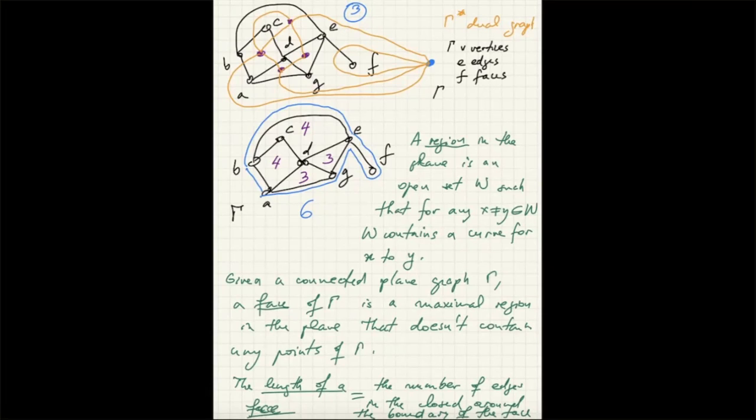Now for the dual gamma star, the vertices and faces switch. The number of vertices here will be F. The number of edges is actually the same because the edges stay the same.